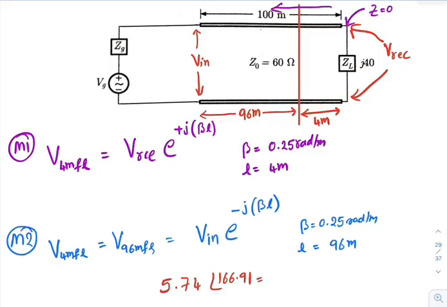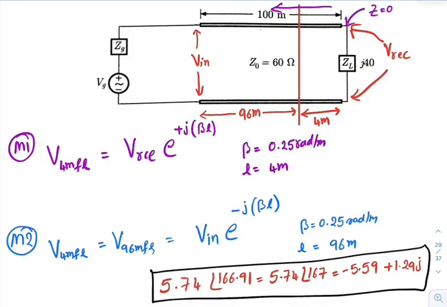I can round it off to 5.74 angle 167. If you want to write it in A plus jB format, minus 5.59 plus 1.29 J, and this value is equal to voltage at 4 meters from load, which is the answer for our sixth question.